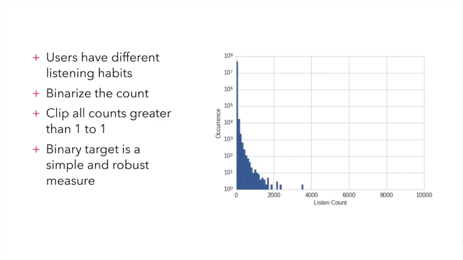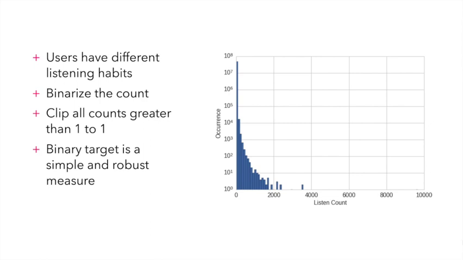These values are really large, and if we were to try to predict the actual listen counts, the model would be pulled off by these large values. In the Million Song Dataset, the raw listen count is not a robust measure of user taste. And I'll tell you why. You see, users have different listening habits.